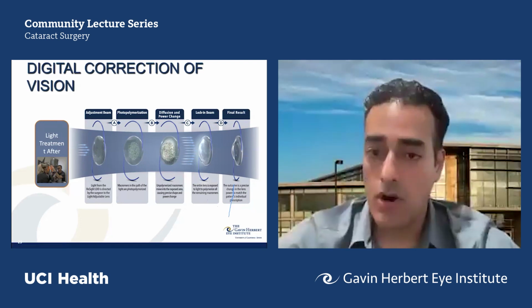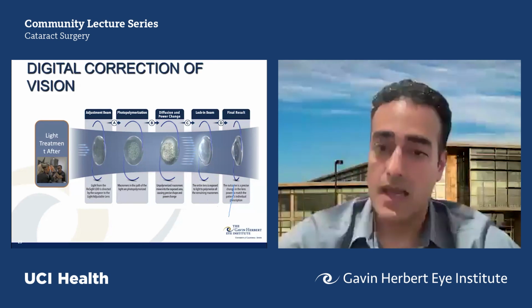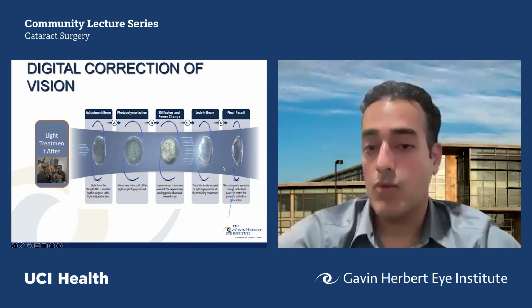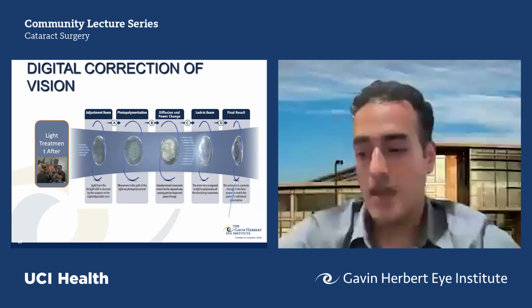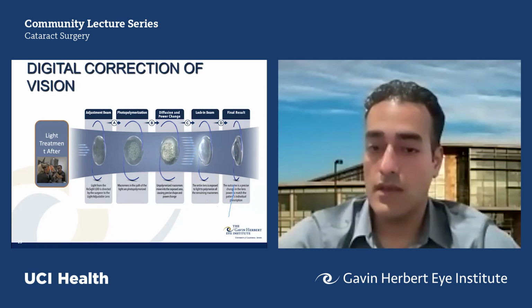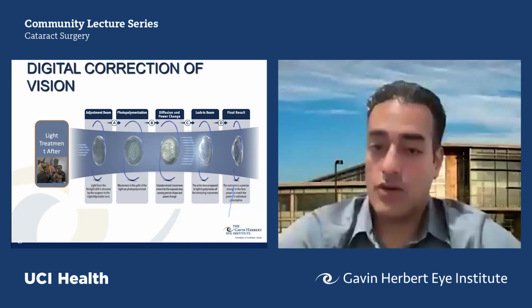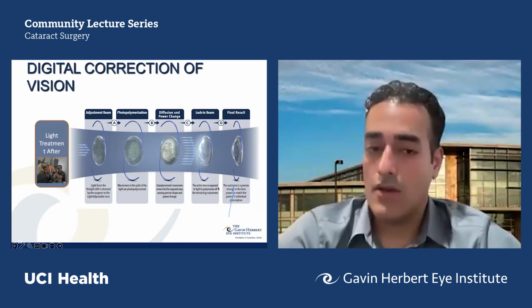So for the most part, no concern for being around UV lights before this lens is locked in place. But we do recommend in that post-op period, until we've finalized the aim of the lens, that our patients wear a UV protective lens, just to potentially prevent any sort of adjusting of the lens that we aren't intending to. But once it's locked into place, those UV glasses do not need to be utilized.